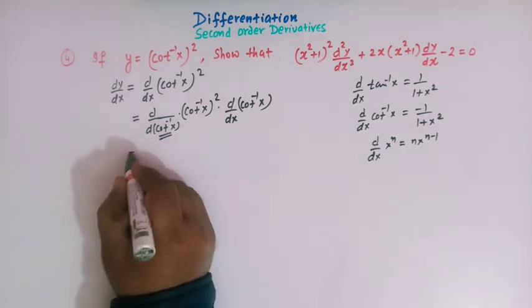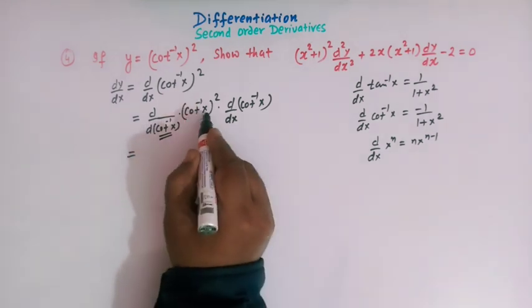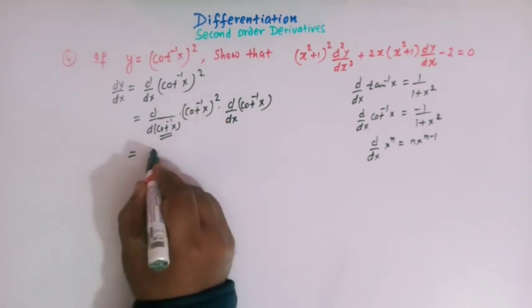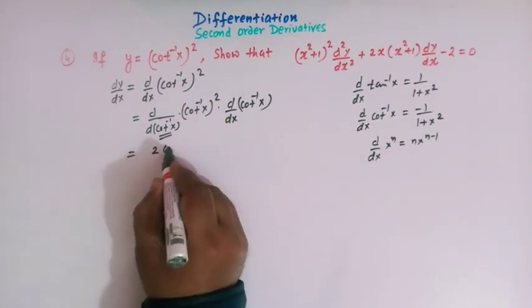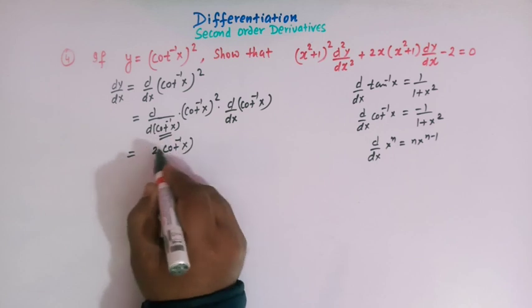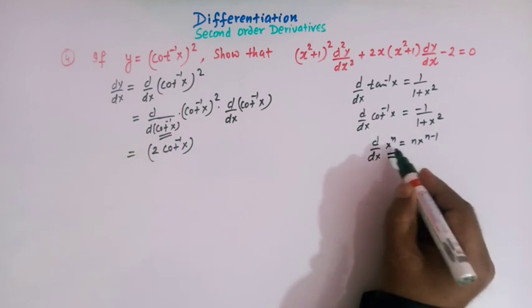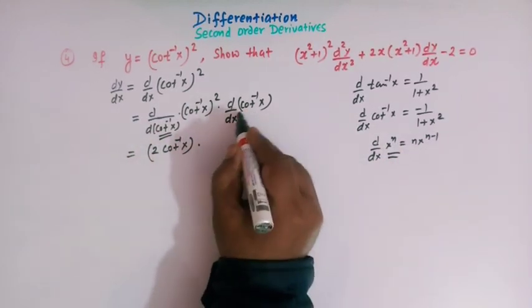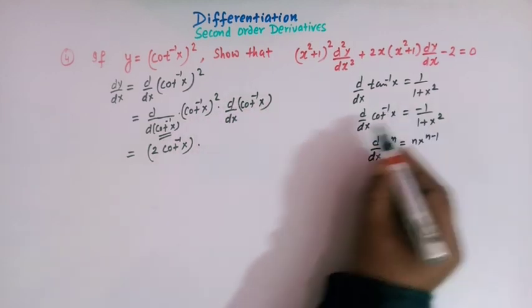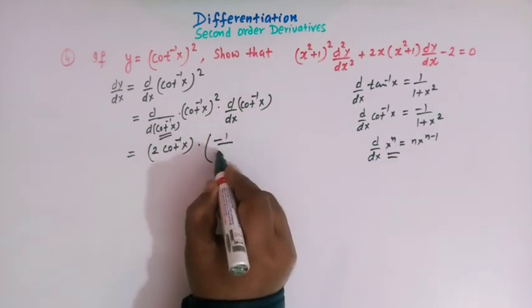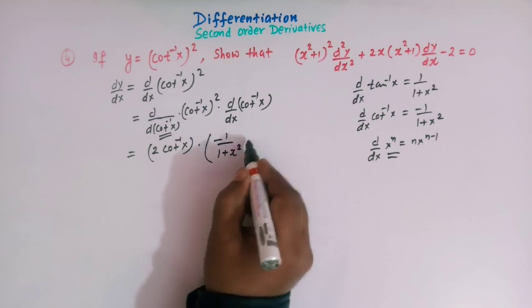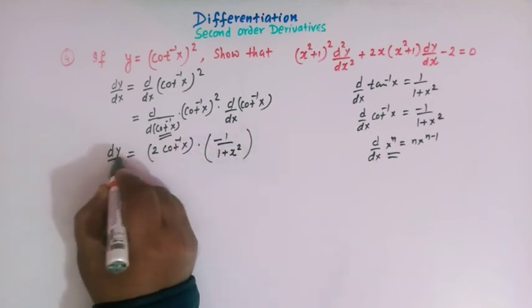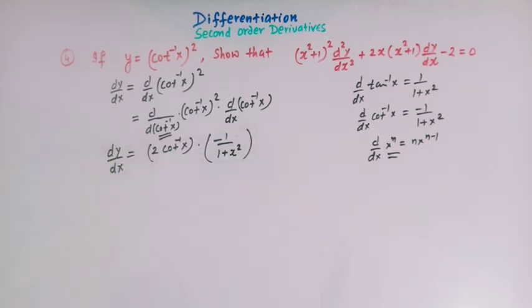So now the derivative of (cot inverse x) whole square is simply 2 cot inverse x by virtue of this result, and the derivative of cot inverse x is minus 1 over 1 plus x square. So this is the first derivative of y with respect to x.